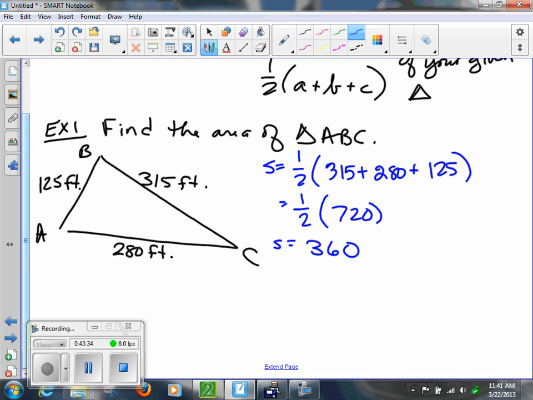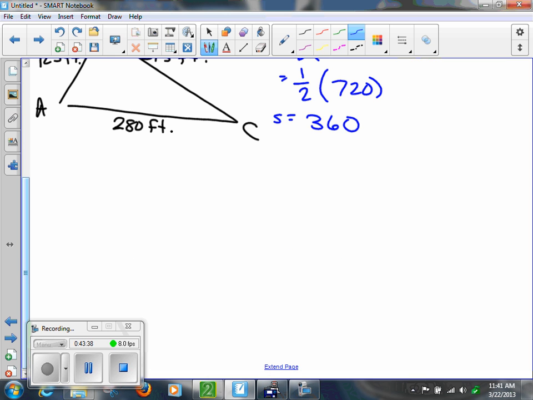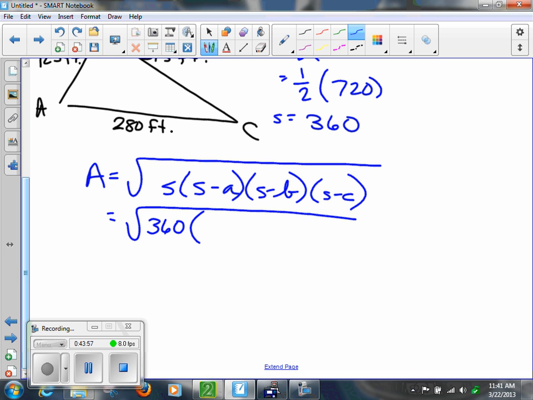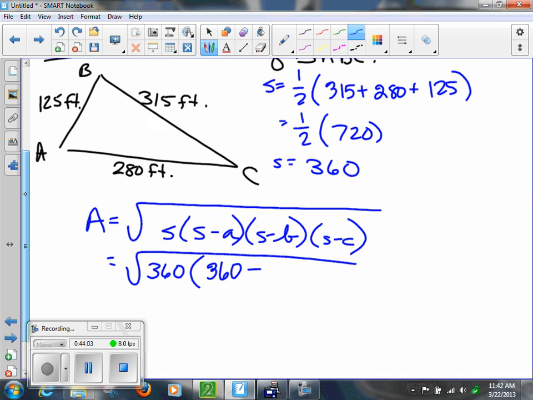Right on? Good. Now all we have to do is write our formula. Square root of S times, and please write your formula just for your notes. S is 360. 360 minus A.